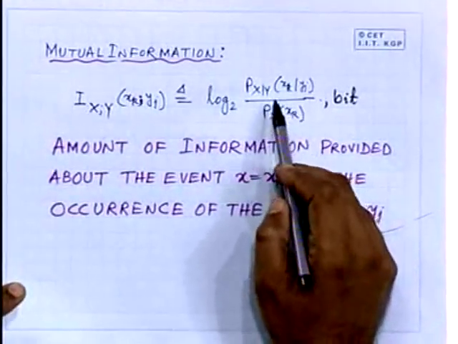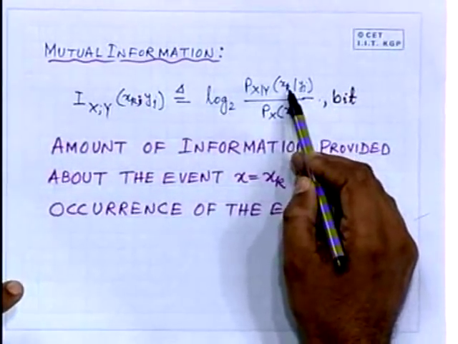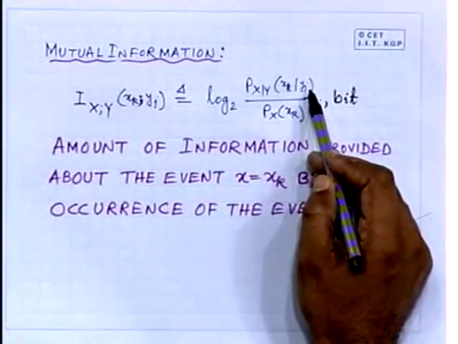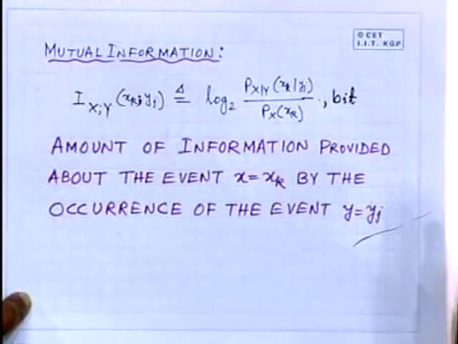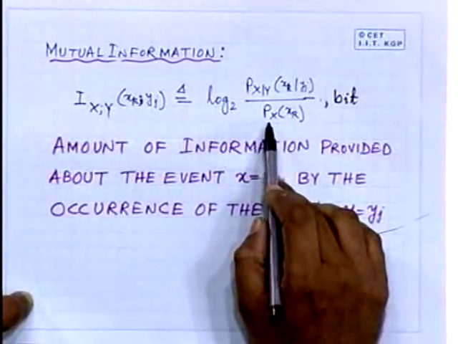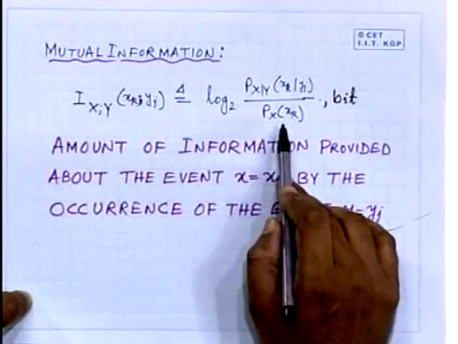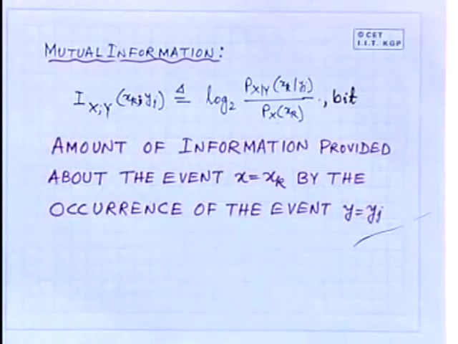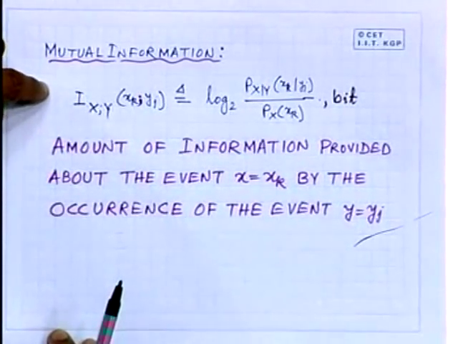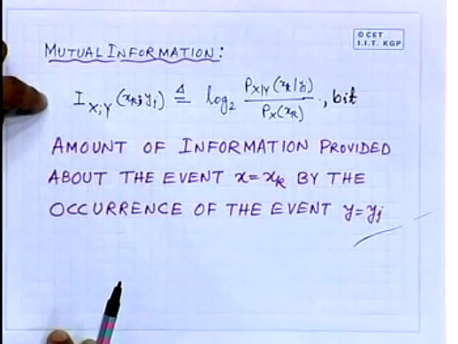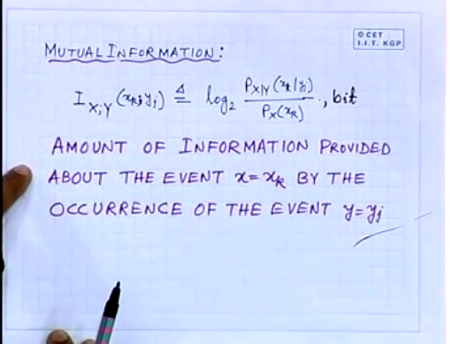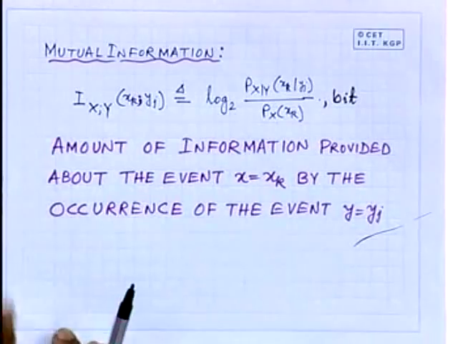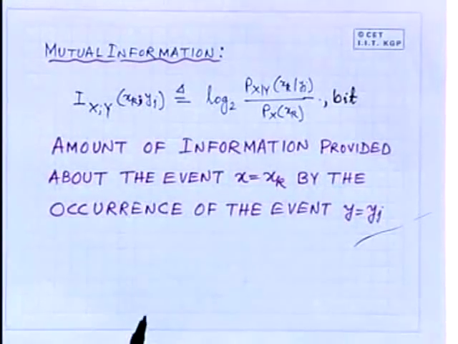The numerator is the conditional probability of x equal to xk given that y equal to yj has already occurred from the experiment y, divided by, in the denominator, the probability of x equal to xk. One interpretation of this definition is that it is the amount of information provided about the event x equal to xk by the occurrence of the event y equal to yj.